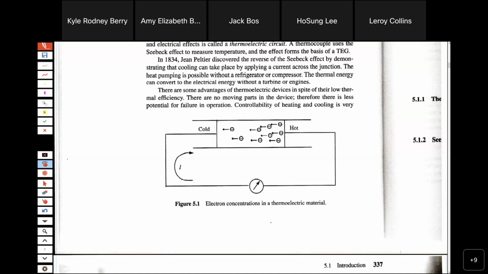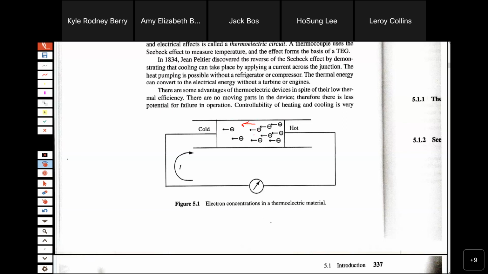Compared to the cold side, one side is cold, the other side is hot, and then there are more electrons. Once there are more electrons, this is charge, and an electric field forms. Once the electric field forms, the charge moves under the electric field.